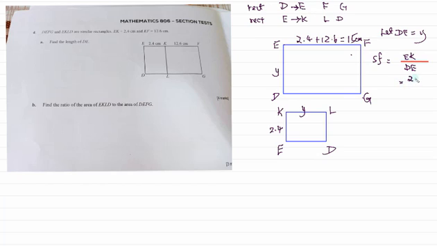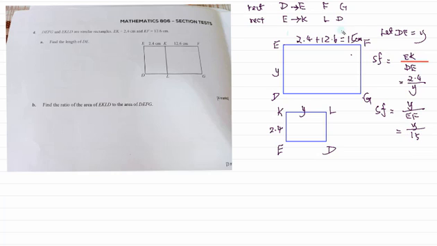This is 2.4 over DE, which is Y. Similarly, the scale factor can also be defined as this length KL over EF. So it's Y, the shorter length, over the bigger length, which is EF. Therefore Y over 15.